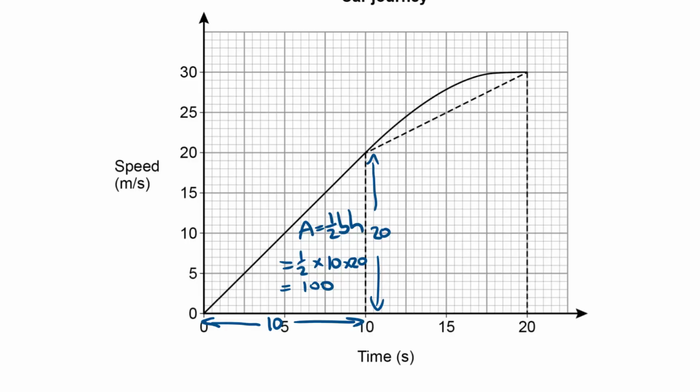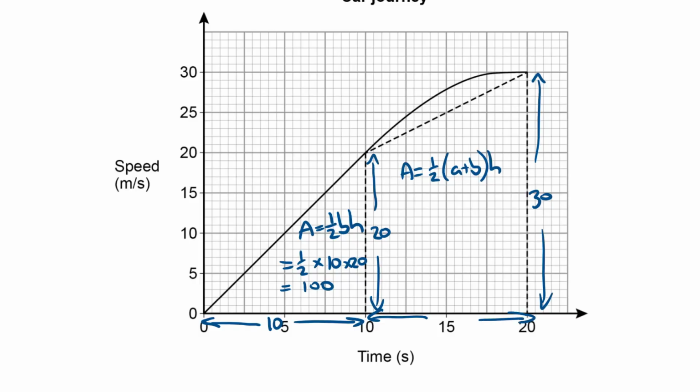Now for a trapezium, area is equal to a half a plus b times h, where a and b are your parallel sides. So basically you're averaging out your two parallel sides and you're multiplying by the distance between them. So I already know a, it's that 20. B is going to be this length here, isn't it, which is 30, and then the distance between them is going to be my h value.